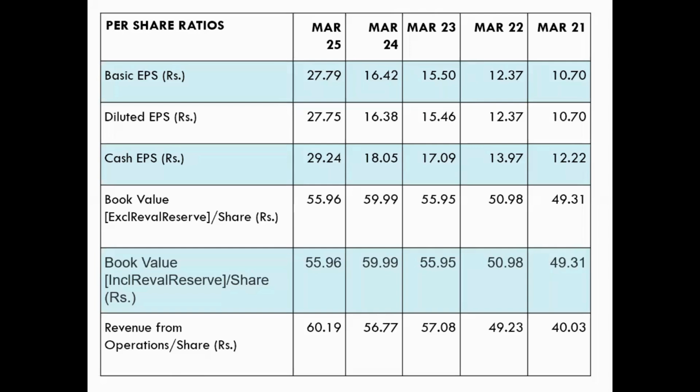Cash EPS is 29.24, 18.04, 17.09, 13.97, and 12.2. Book value is 15.96, 55.96, 59.99, 55.95, 3.93, and 49.31.